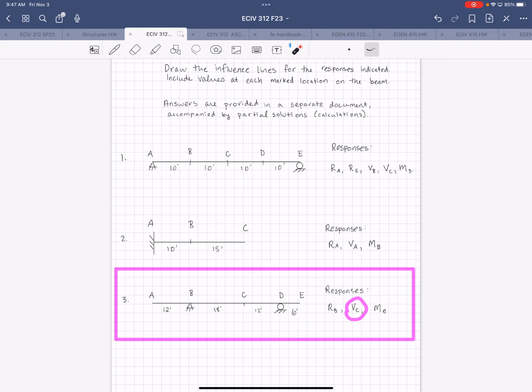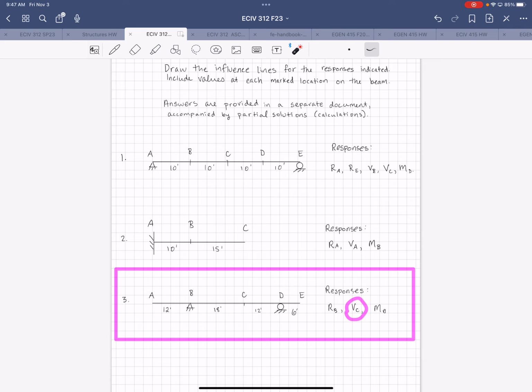All right, so with that information, has anyone been able to get the shear at C or close? You can start by plotting a few things that we know, right?